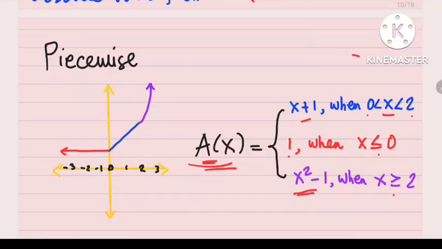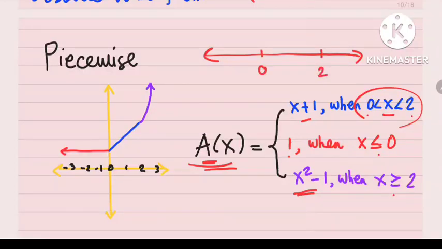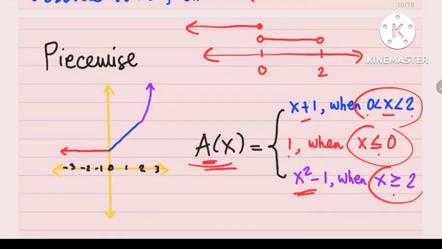So your number line is again divided into 3 parts. When x is between 0 and 2, so let's say this is 0, this is 2. And then the part where x is less than or equal to 0, so from here, going down. And then the part where x is greater than 2, here, going up. So our number line is divided into 3 parts, 3 pieces.